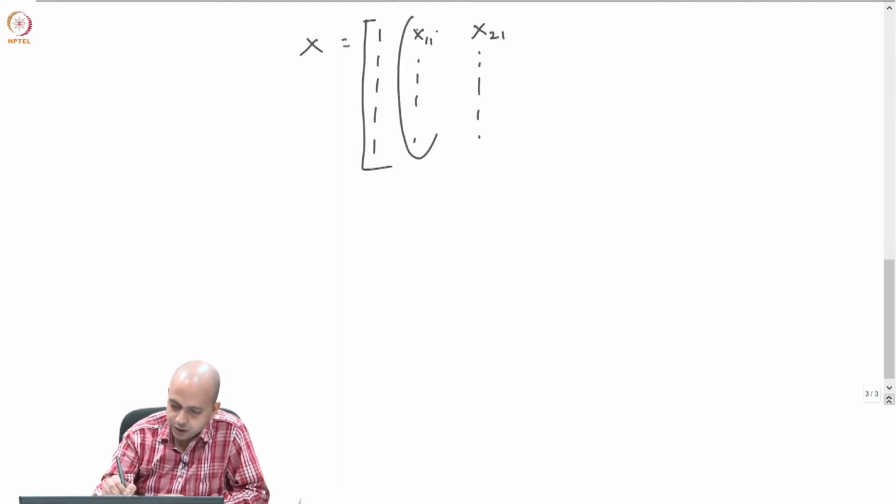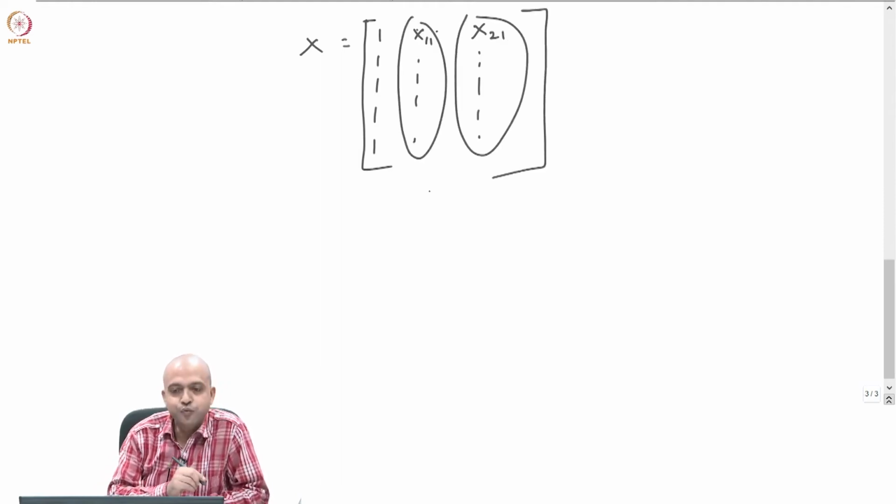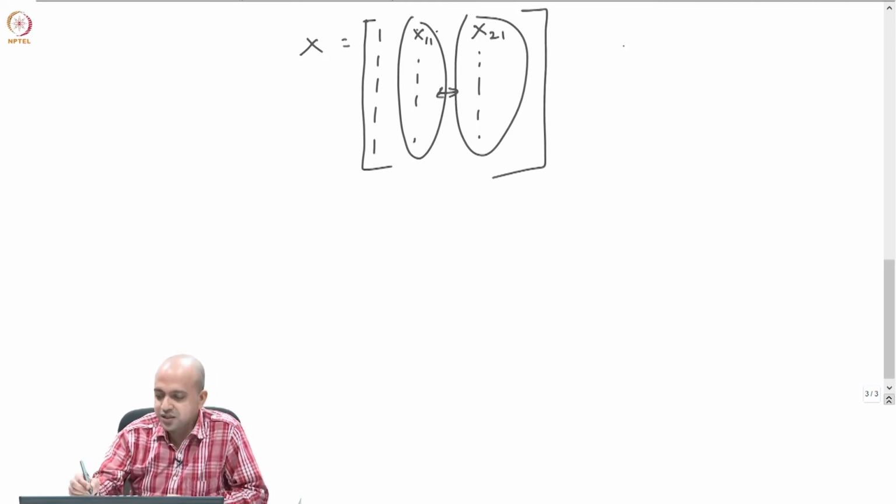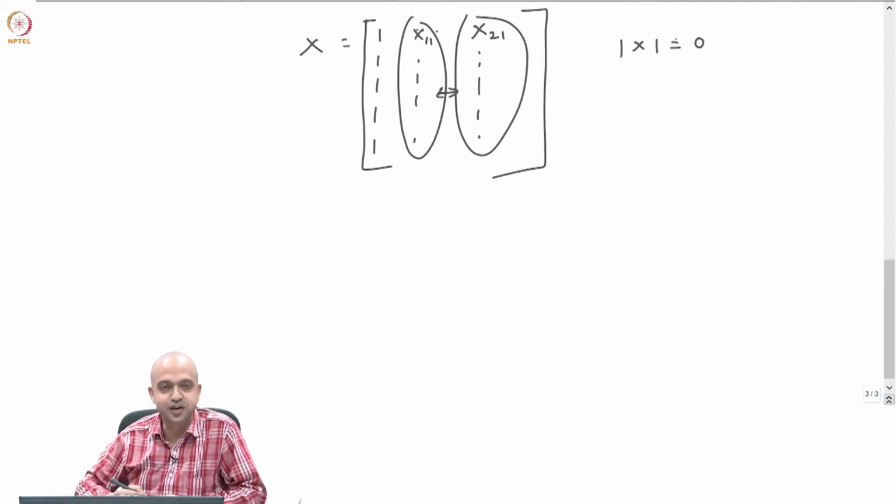So this column and this column are now perfectly dependent. As a result, the determinant of this matrix becomes 0 when there is perfect linear dependence.